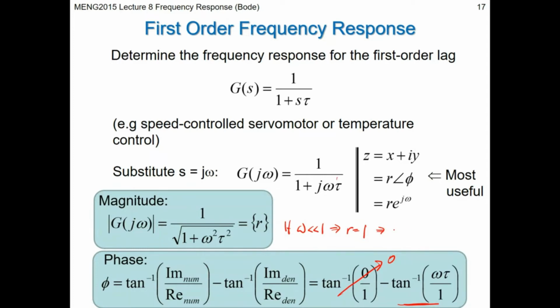And so 20 log of 1, the magnitude, is going to approach 0, because if you take the log of 1, you get 0.